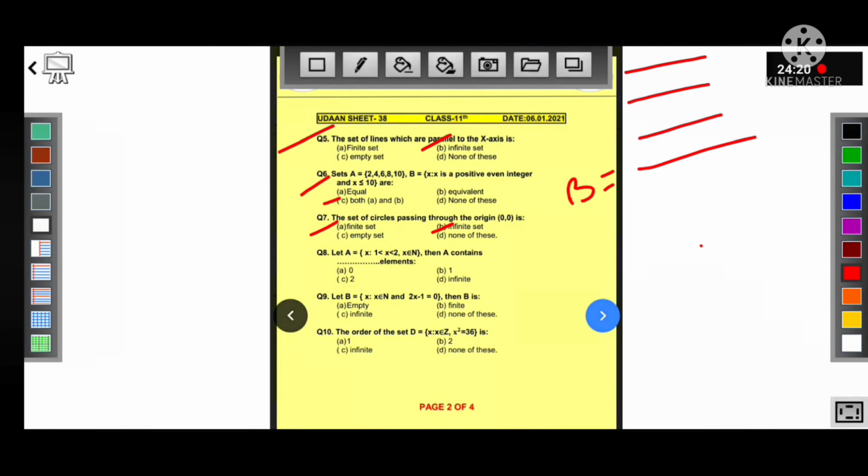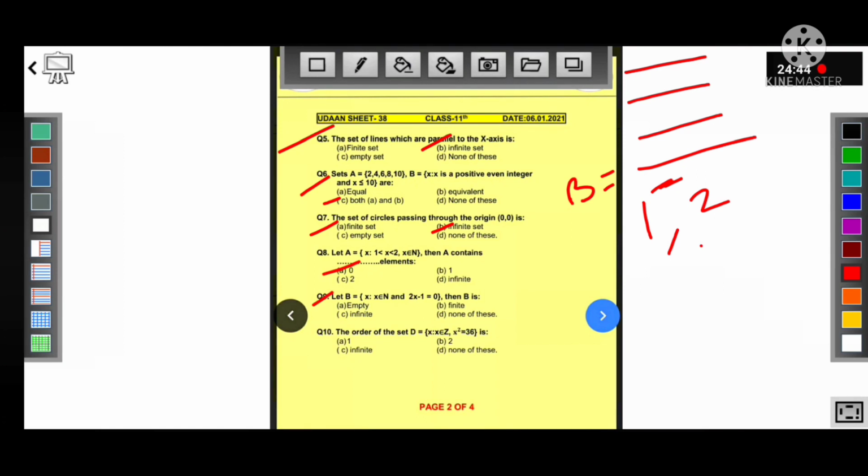Because there is no natural number which lies between 1 and 2, this set contains 0 elements.